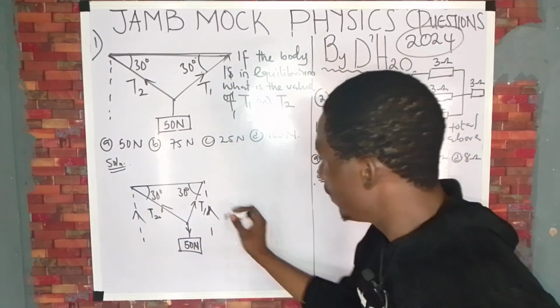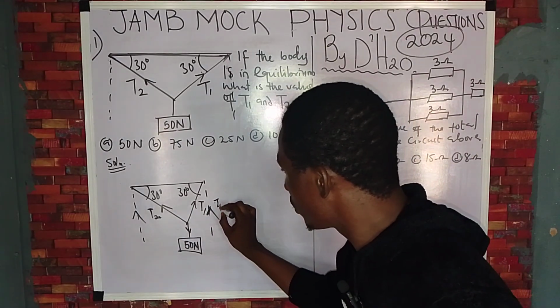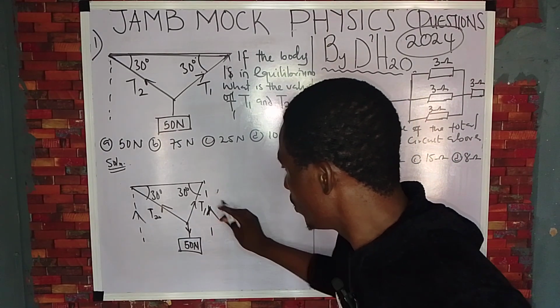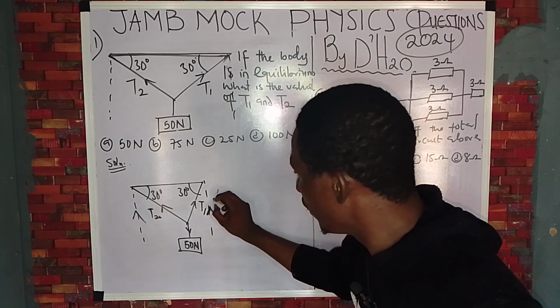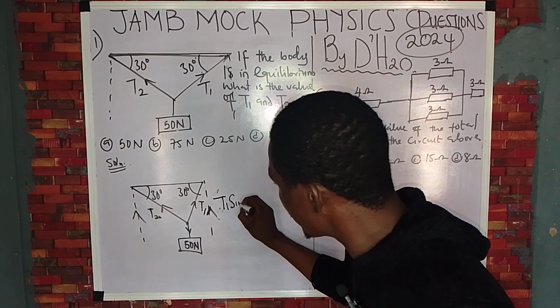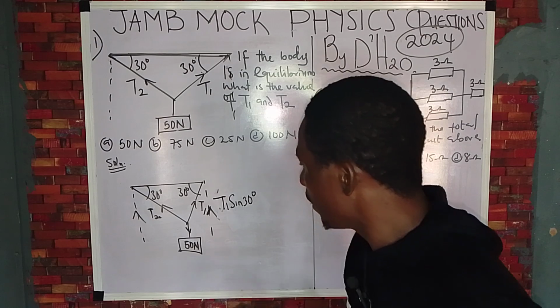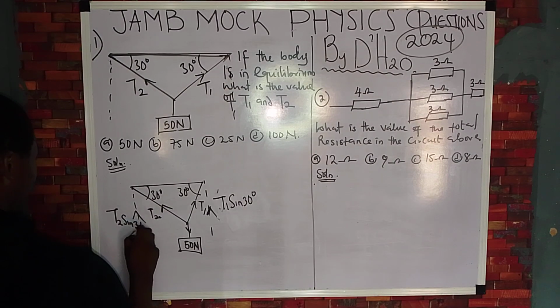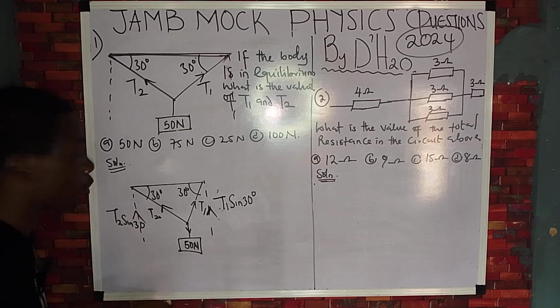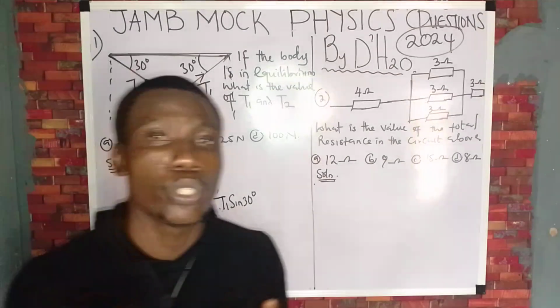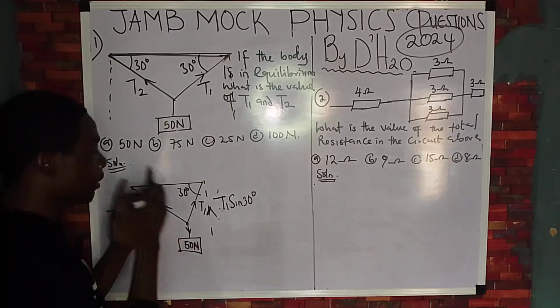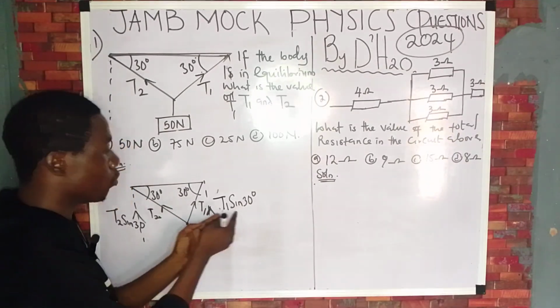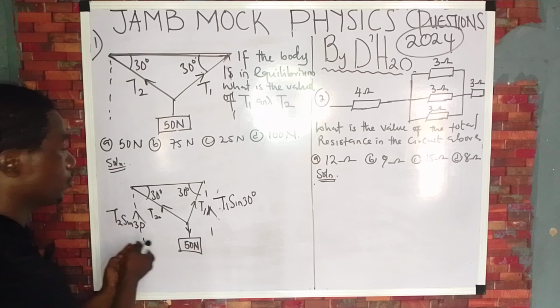So it means that the force acting here will be T1 sine 30 degrees, while the one acting here is T2 sine 30 degrees. So for every vertical force, as long as your angle is to the horizontal, make sure you use T1 sine theta and T2 sine theta.